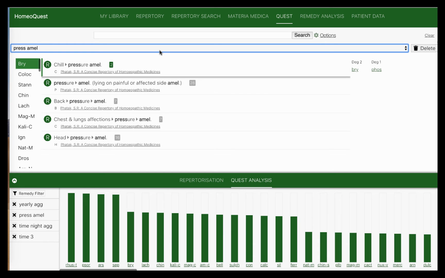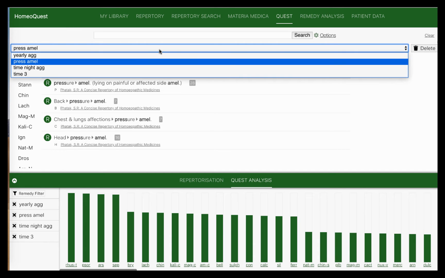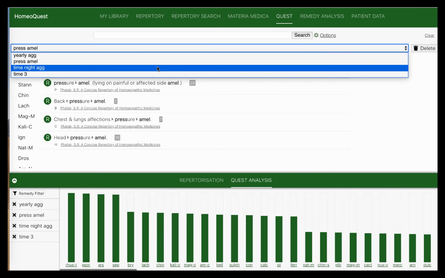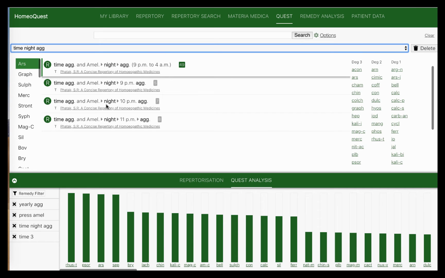And then we have time. I took a general one first, time, night aggravate. So we have all the nightly aggravation, the top remedies for night aggravations in here. And then I decided to take the timing. Now it's always tricky with timings because it's a bit patchy, spread all across the repertories. Different repertories have different ways.